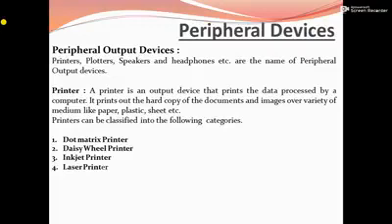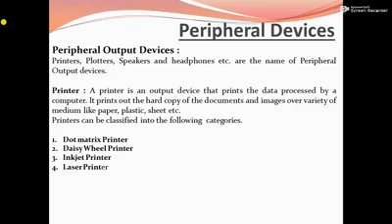First one is dot matrix printer. A dot matrix printer has a printing head with a grid of pins. Dot matrix is cheaper. It is good for bulk printing. It is mostly used in banks and places where a lot of continuous printing is required.